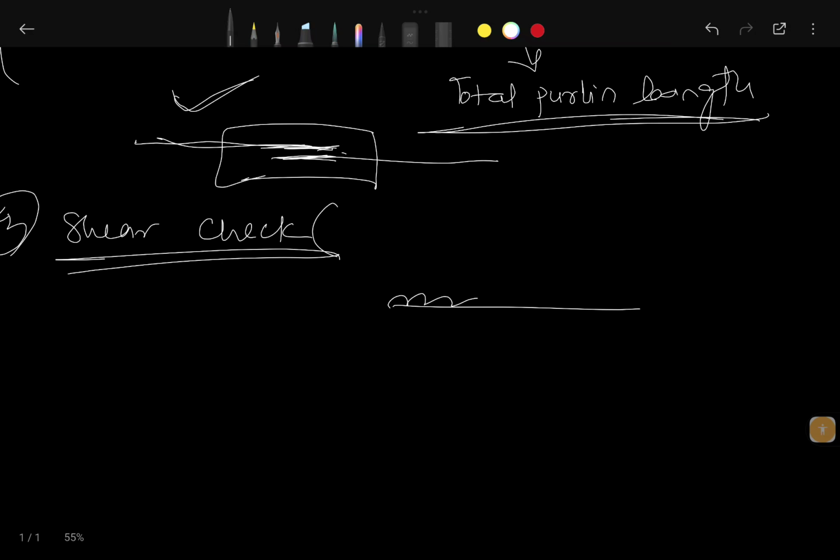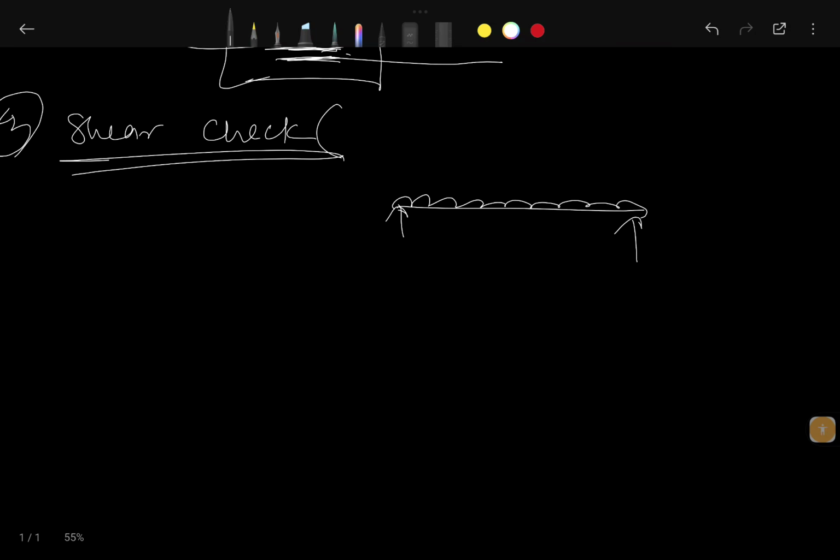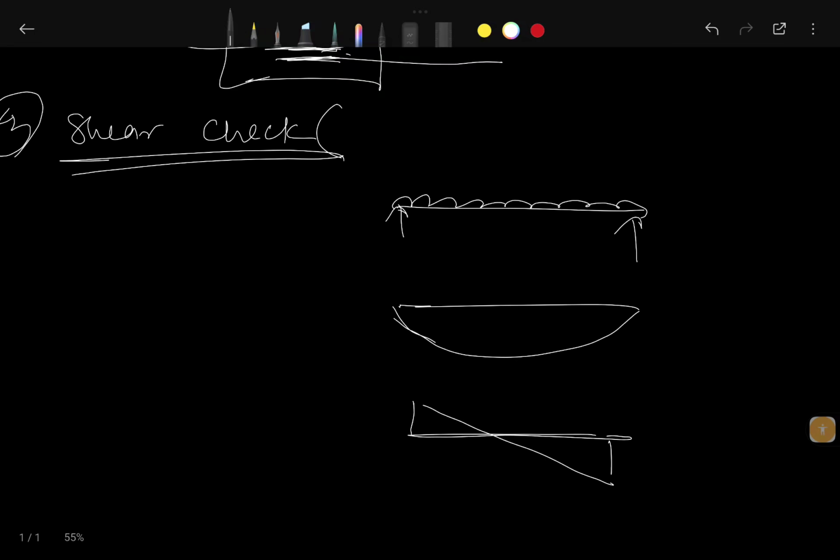Actually, we consider the simply supported beam, so the maximum bending moment will occur at the center and the maximum shear force acts at the support.